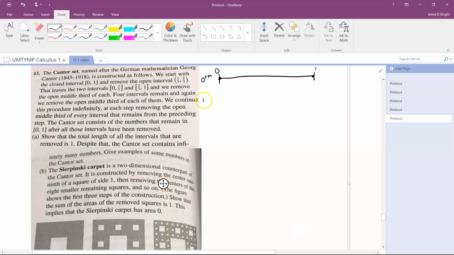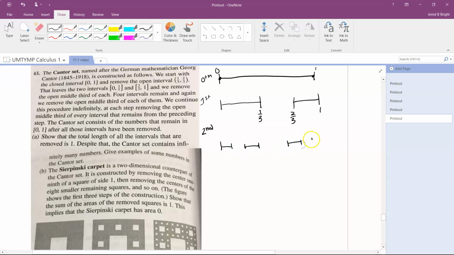And then in the first stage, you take that line, divide it into 3 sections, and remove the middle third. So I take that part out. Okay, so this is 1/3 and 2/3. And then the second stage, you repeat that process, but again, take out the middle third.